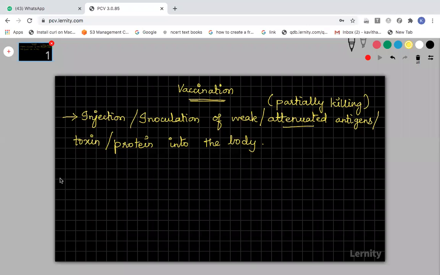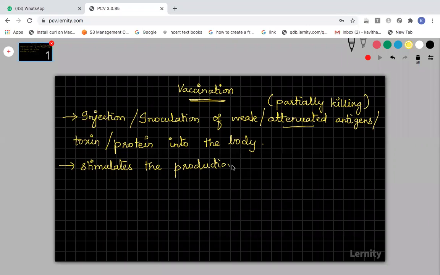Once you introduce the weak pathogens or attenuated antigens into the body, because it is a pathogen, your immune system will start functioning against it. So it will start the production of antibodies.